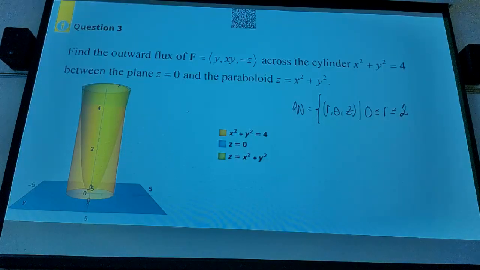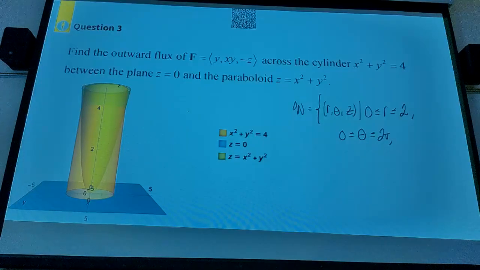Sorry, it would be 0 to 2, because I'm only working with the projection. Yeah, the projection. Okay, I'm back. And theta goes 0 to 2 pi.